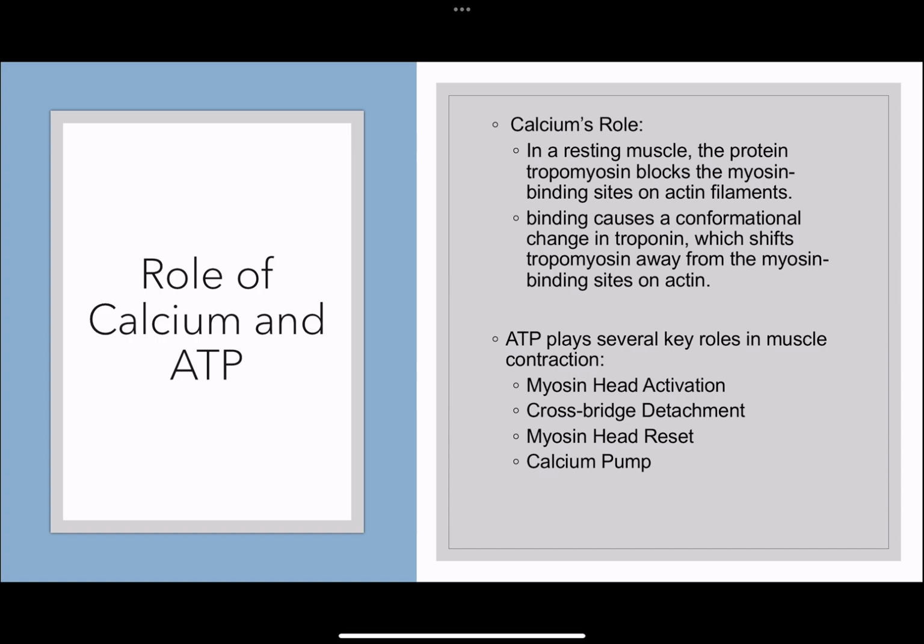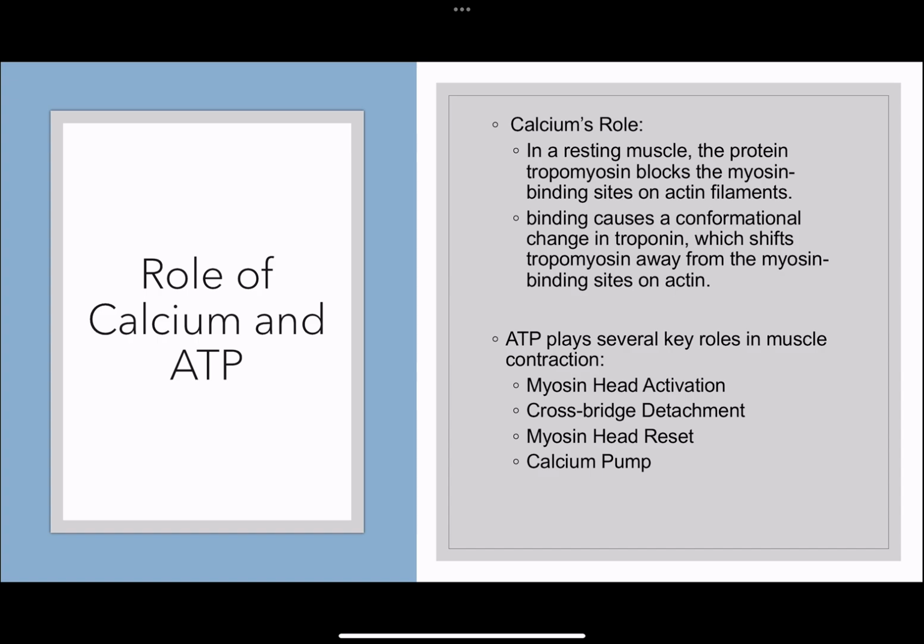These calcium ions bind to troponin, which is a protein complex on the actin filament. This binding causes a conformational change in troponin, which shifts tropomyosin away from the myosin binding sites on actin. This exposure allows myosin heads to bind to actin, forming cross bridges and initiating the contraction cycle.